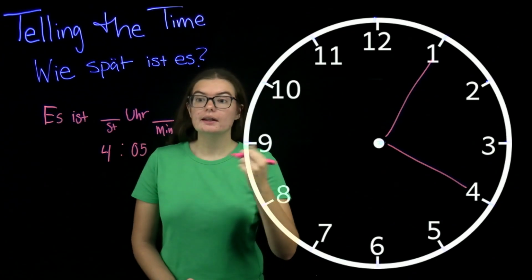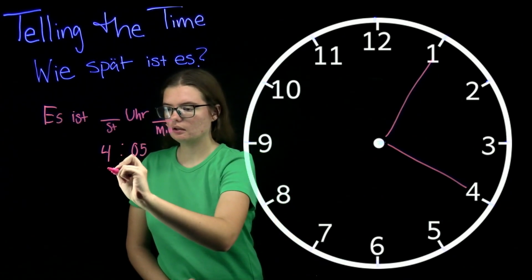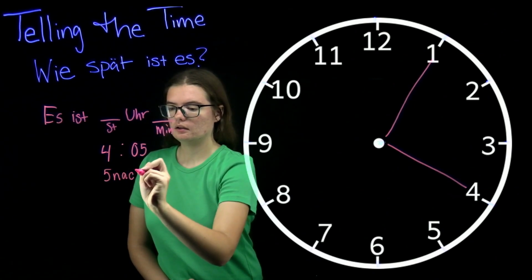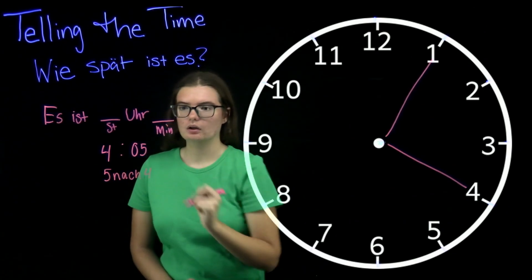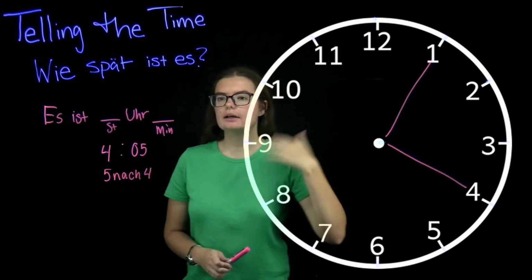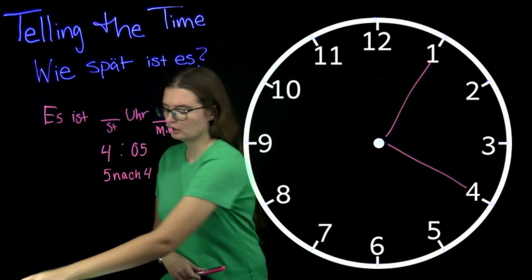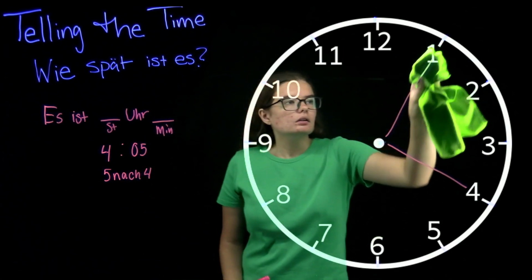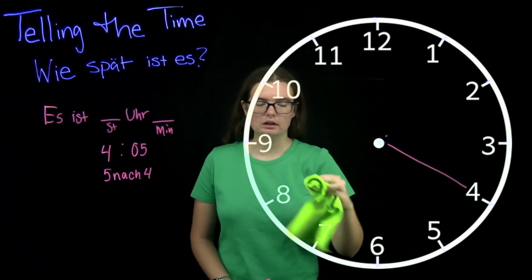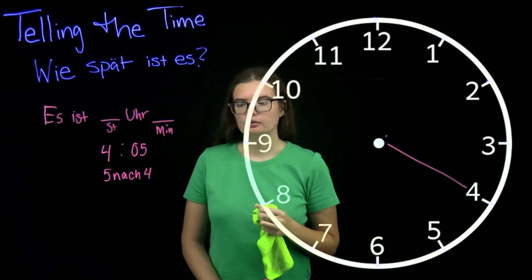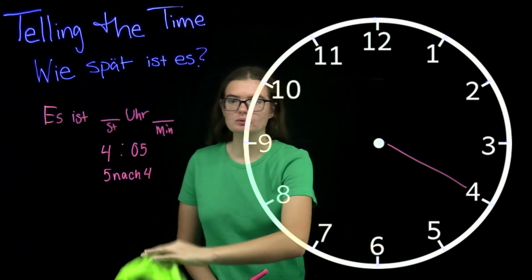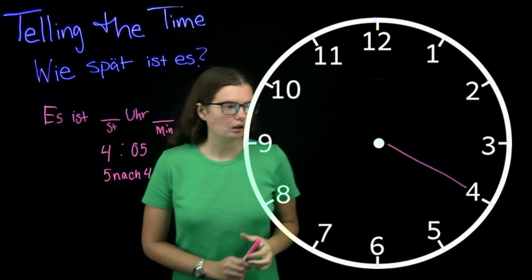Or we have nach, so you could say "5 nach 4," which means 5 after 4, just like we would say that in English. Then you could do that with any minute. You could say "es ist 4 Uhr 23" if it was, and you wanted to be very specific.